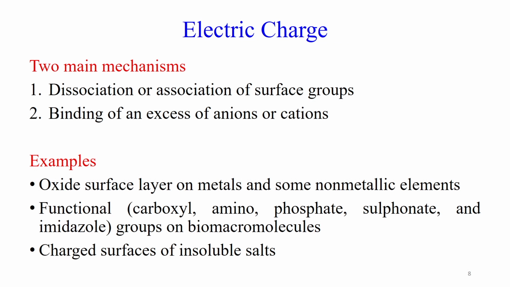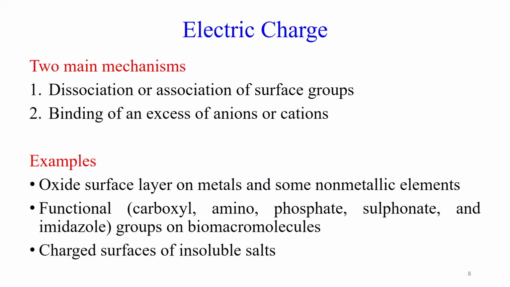Now, how does this charge come on the surface to have the electrostatic interaction? There are two main mechanisms. One is that all the molecules, atoms or compounds have surface functional groups. If there is any dissociation or association of surface groups, it results in generation of either positive or negative charge on the surface.